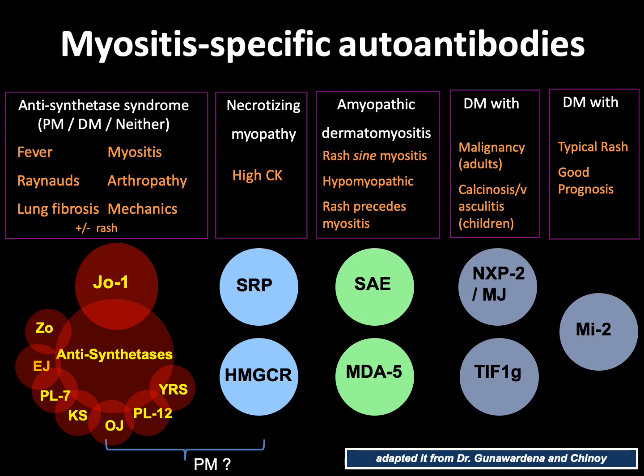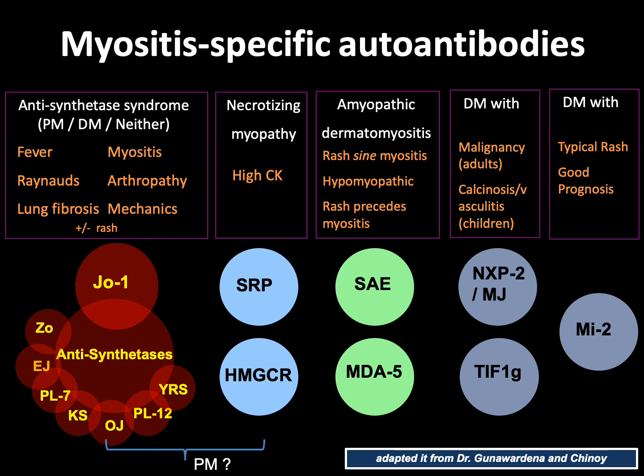Now the summarizing slide. Here I have shown all the myositis specific autoantibodies, or most of them, and I've shown how each autoantibody subset defines a clinical feature that can help the physician as well as outcome and treatment.